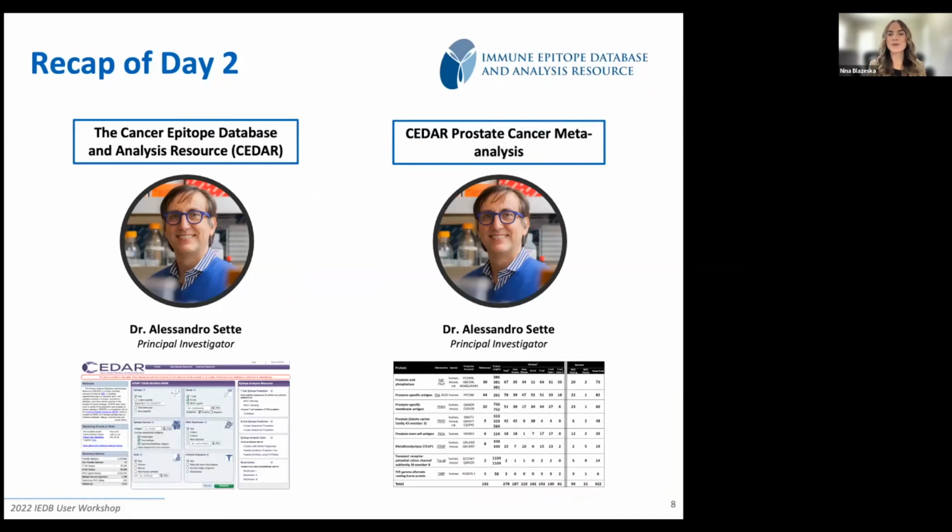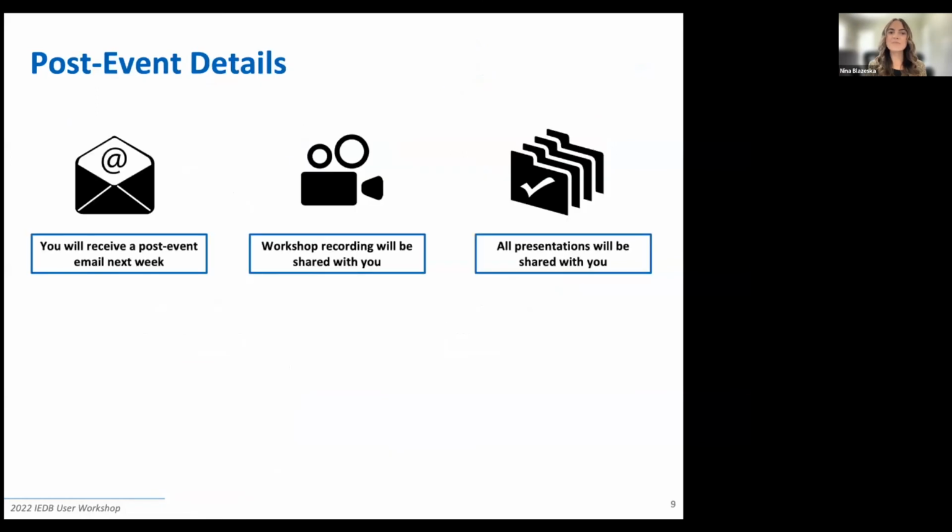And then also the CEDAR prostate cancer meta-analysis, which we're hoping to publish in the coming months as well. And if you haven't seen CEDAR or accessed it yourself, it can be found, as a reminder, at cedar.iedb.org. So that's CEDAR.